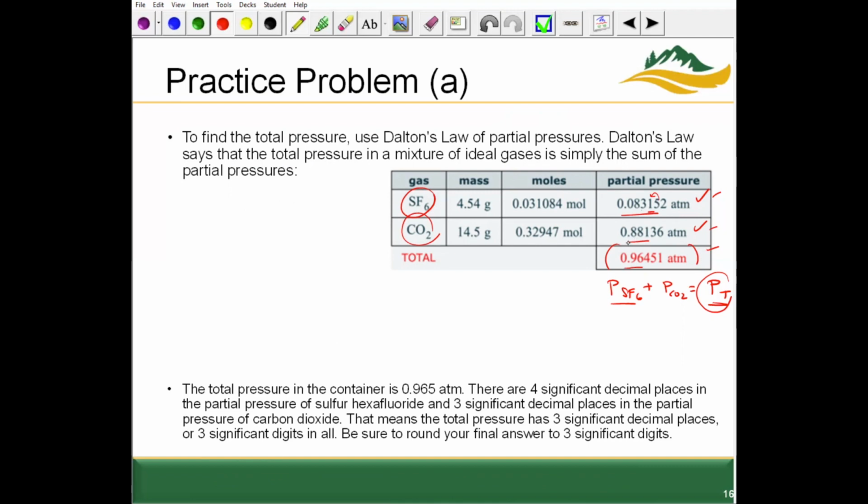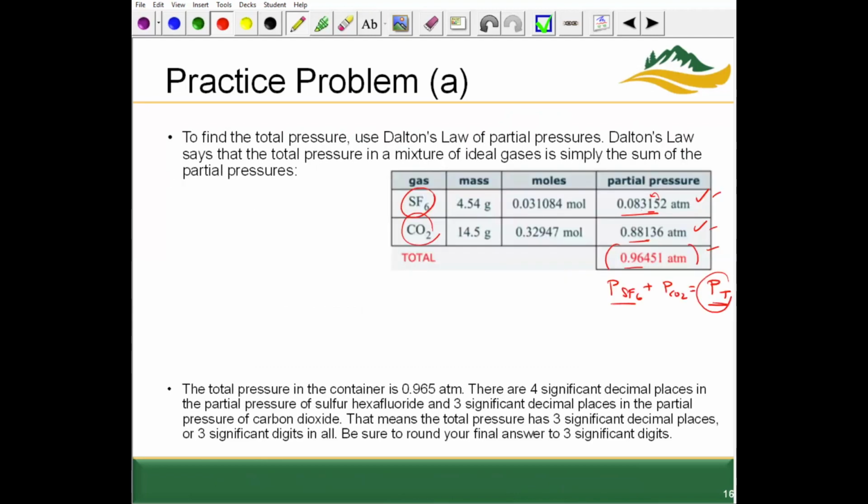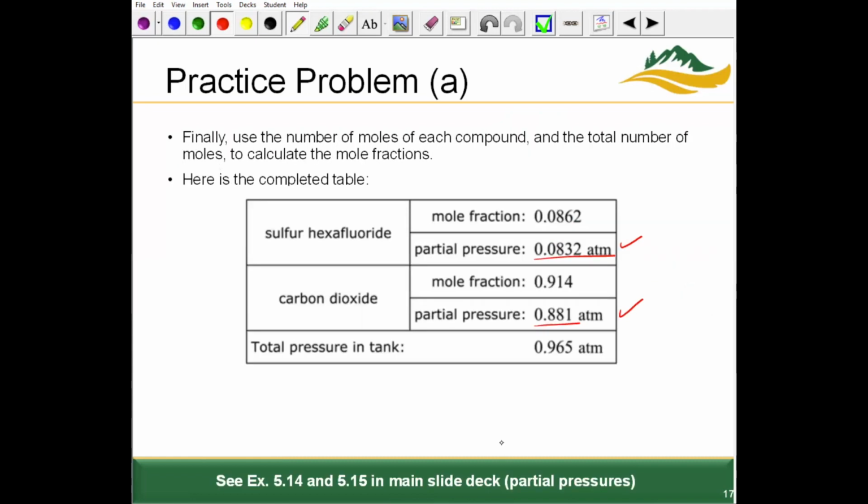3 sig figs here, 0.881, that stays as a 1. We don't round that up, so 0.881 atmospheres. So here's this answer for carbon dioxide. Then for the total pressure in 3 sig figs, 0.96, this bumps up to 5. So 0.965 atmospheres.